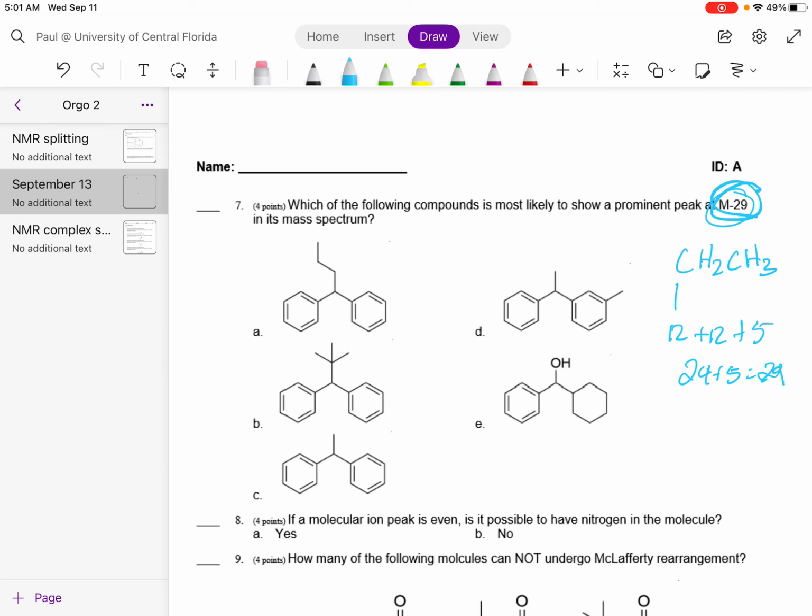So M-29 is an ethyl group. And when we take a look at our molecules here, where's an easy ethyl group that can pop off? Right there. We can cut that bond, and now we're left with an ethyl group that has fallen off. And so answer A would be the correct answer.